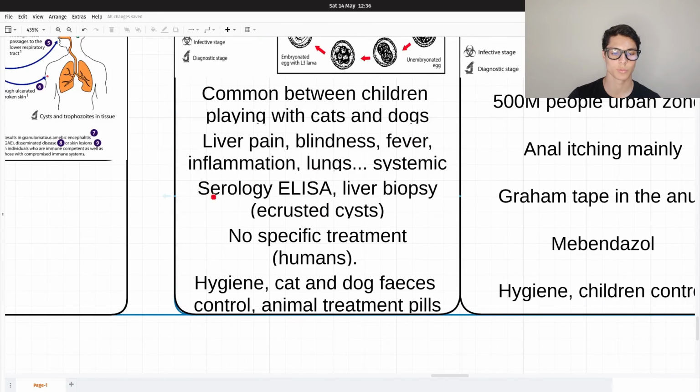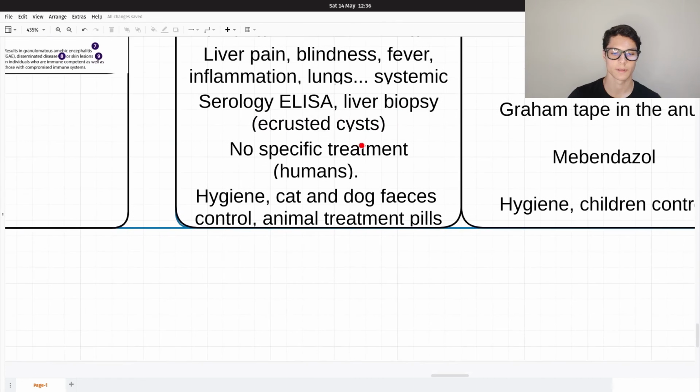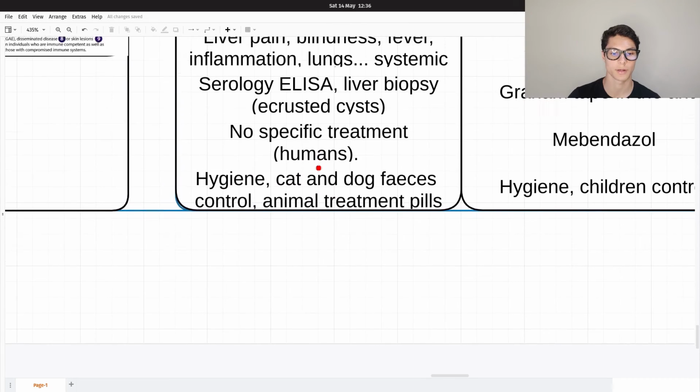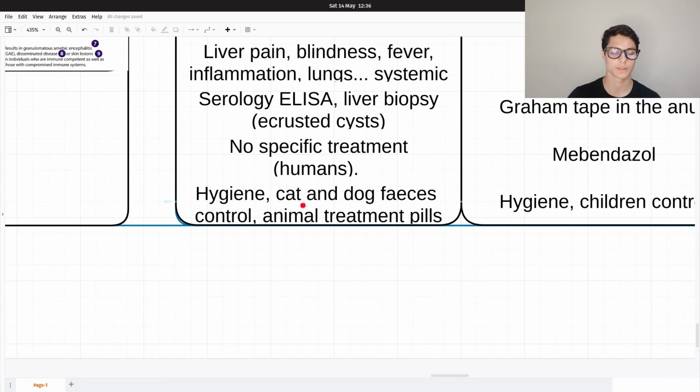The diagnosis is with ELISA serology, and we can also have the liver biopsy to find the encrusted cysts. There's no specific treatment in humans, but there are pills we can give to our animals so they stop having those parasites. And the prophylaxis includes, of course, those pills and hygiene, and cat and dog feces control.